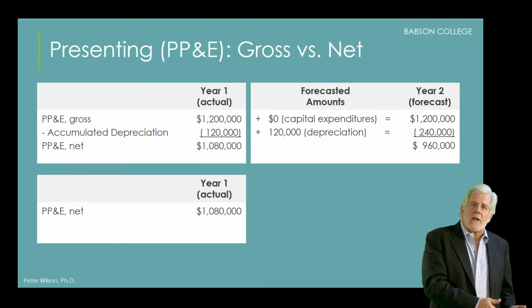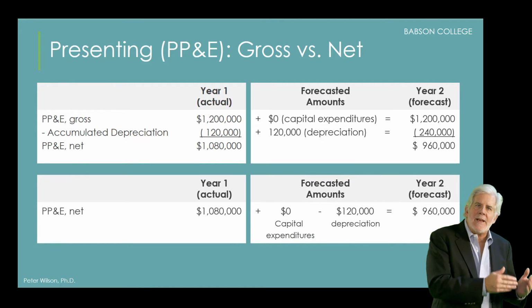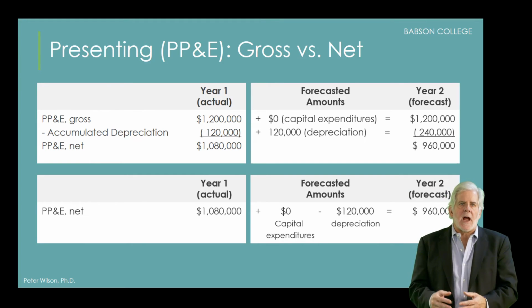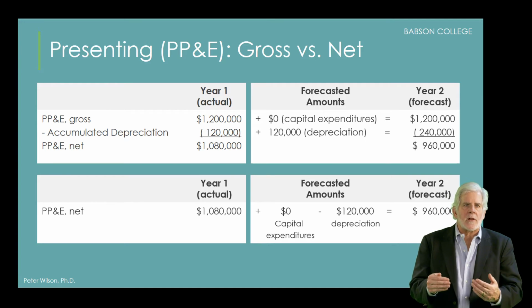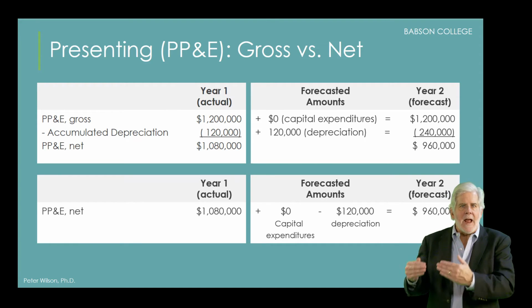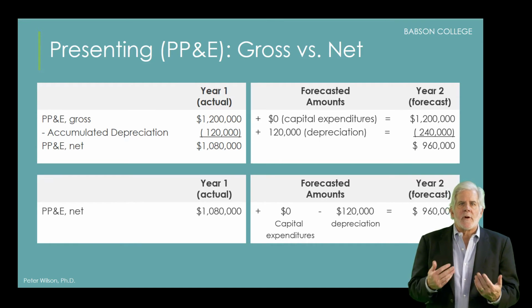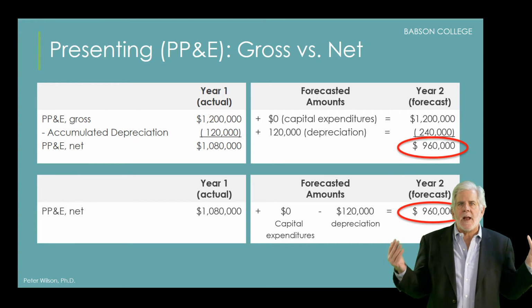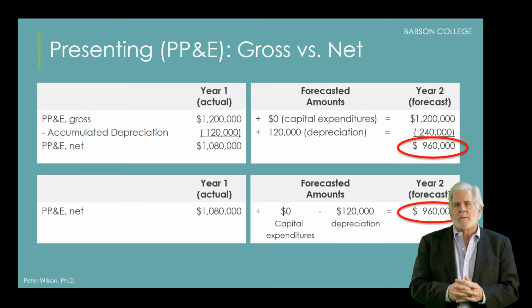Under a net presentation, you only have PP&E net to work with, so you must add the forecasted capital expenditures and subtract the forecasted depreciation expense directly from the PP&E net amount. As you see here for NEBCO, you'll end up with the same amount for forecasted PP&E net, just two different ways to get there.